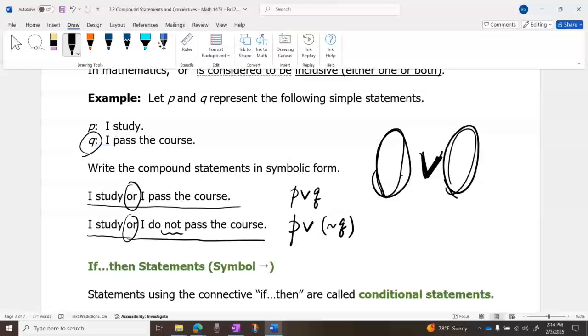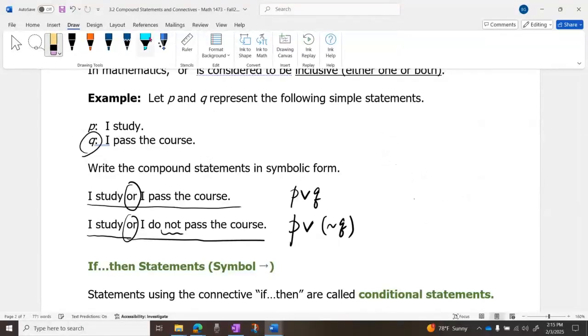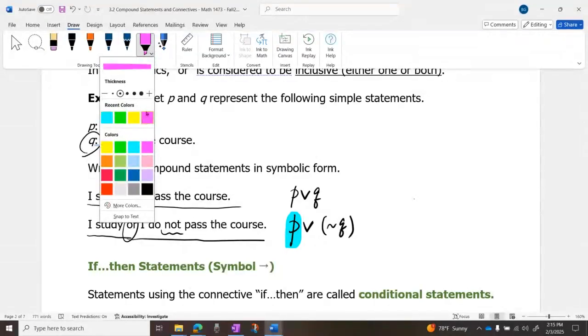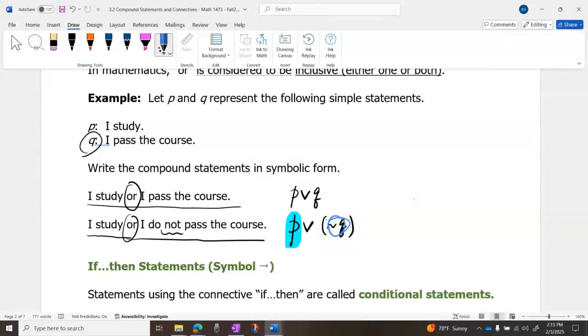I'll just say there are two pieces, P-I-E-C-E. There are two pieces involved in a disjunction. This is one piece, and this is another piece, and the disjunction connective is in the middle. In this case, number 2, I study or I do not pass.